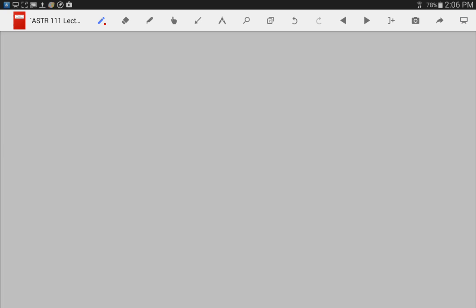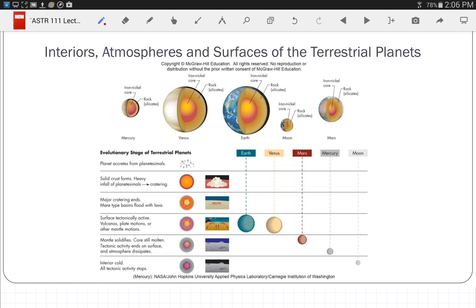This here is another graphic of the stages of planet formation. We had planetesimals coming together, getting larger. You form a solid crust. You have lots of cratering. You have differentiation. Differentiation would have to occur somewhere around here because it doesn't have it listed. Differentiation, lots of cratering.